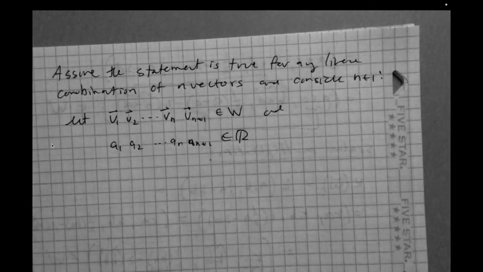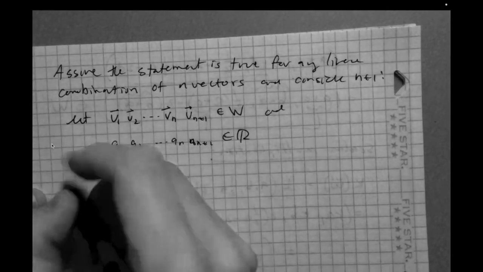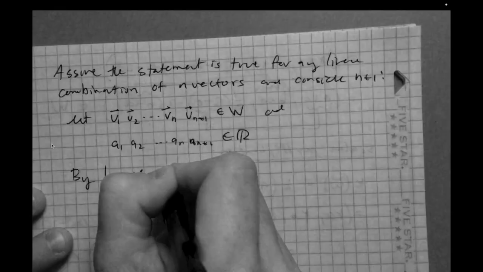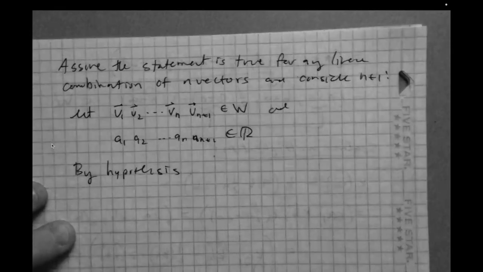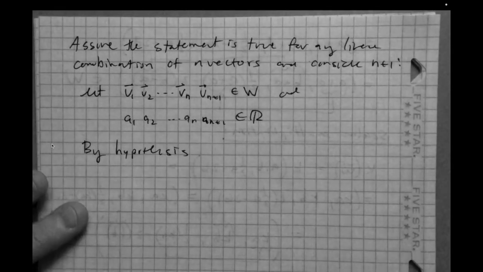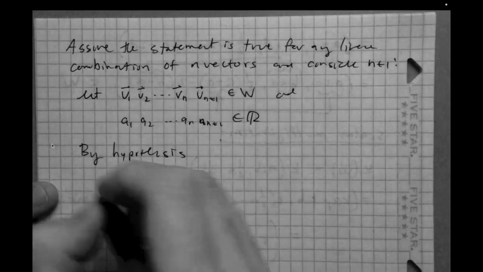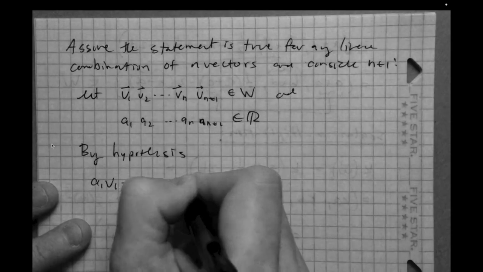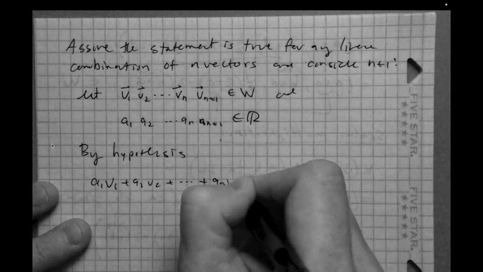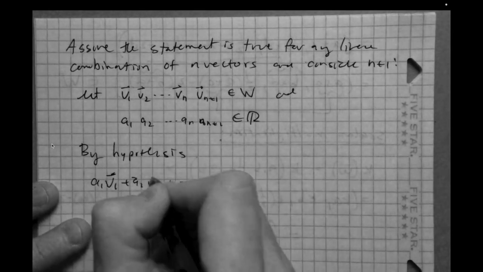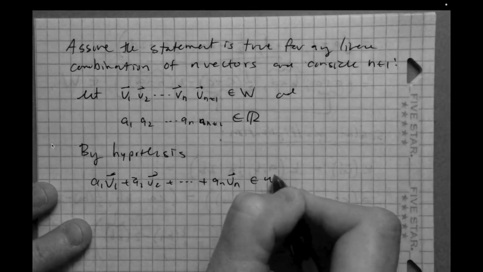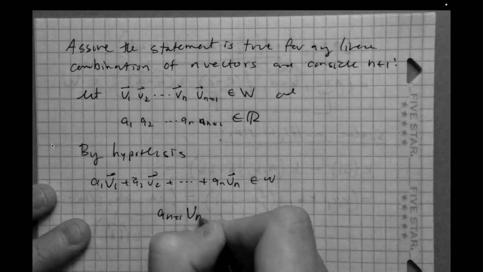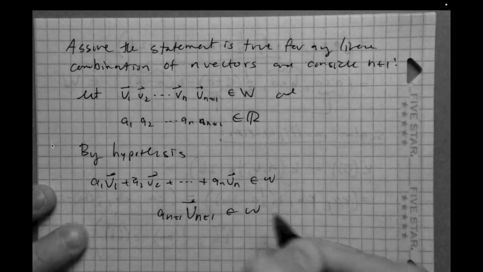And so by our induction hypothesis, we get closure for the first n. So A1 V1 plus A2 V2 plus dot dot dot plus An Vn is in W. And we also know that An plus 1 Vn plus 1 is in W.